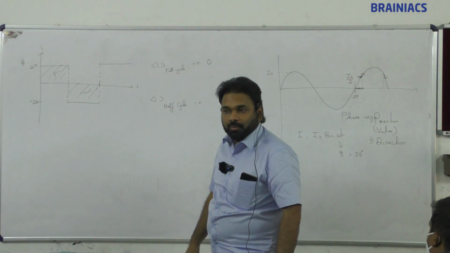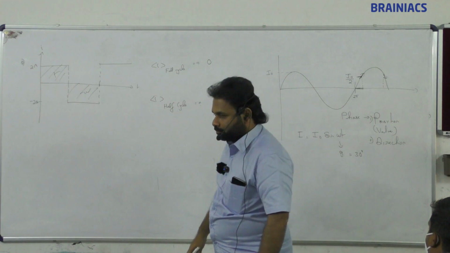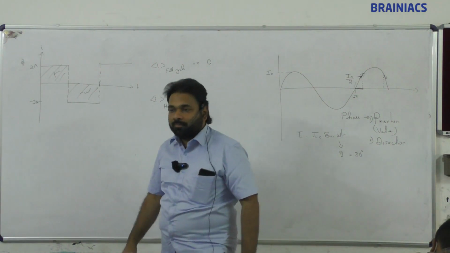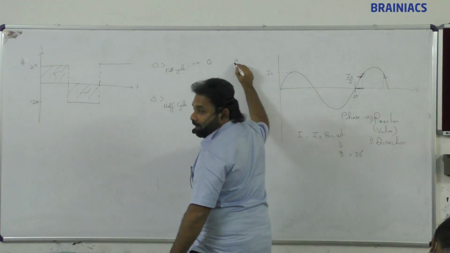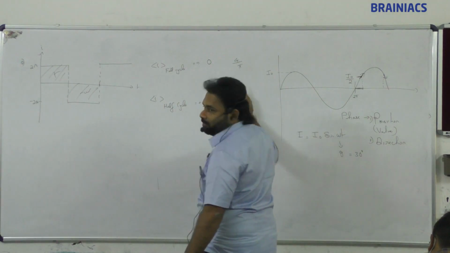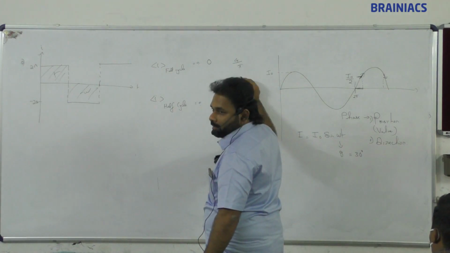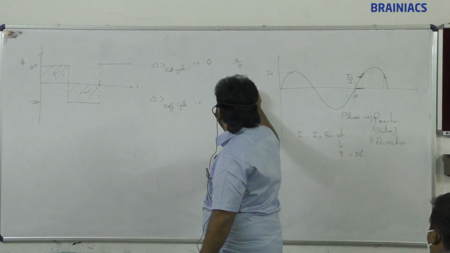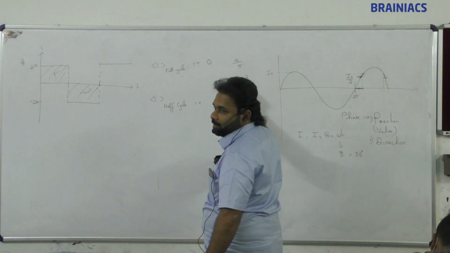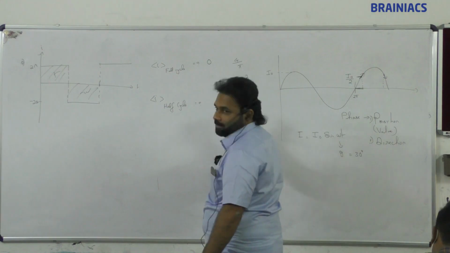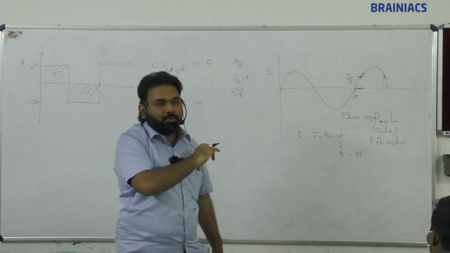One by pi... Okay, why is it so? I naught is 2, so 2 I naught by pi. Any objection?